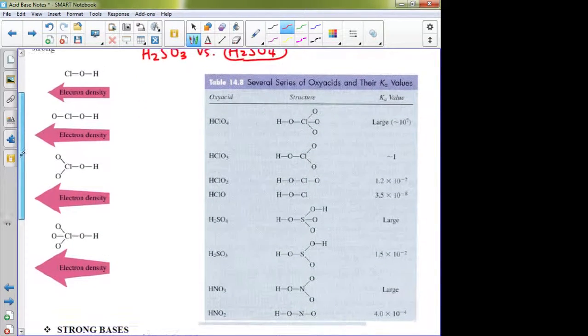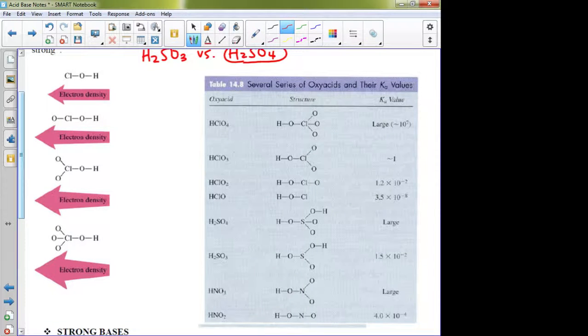So, let's look at here. Here is our chloric acid, HClO4. Here's my chloric acid, HClO3. Here's my chlorous acid, HClO2.